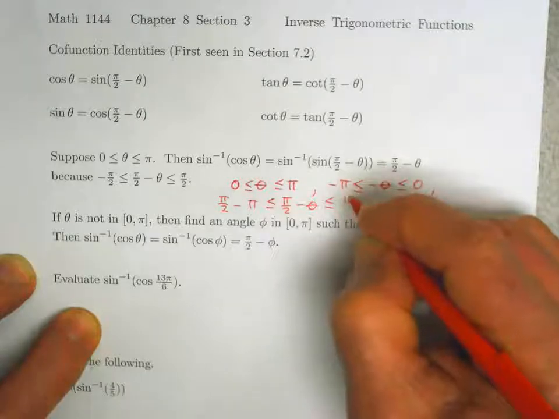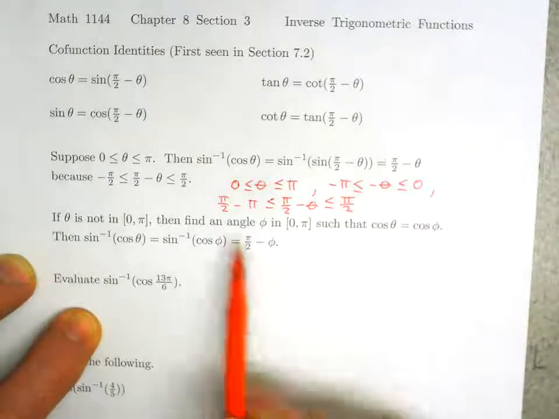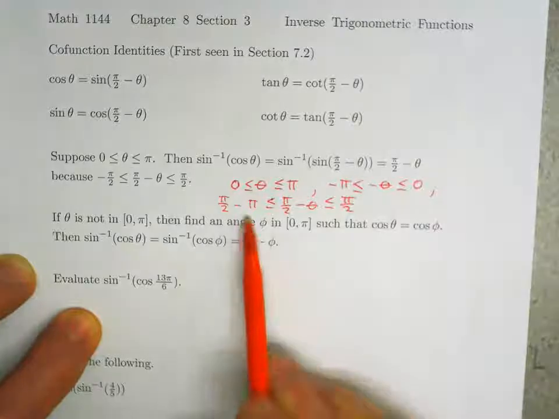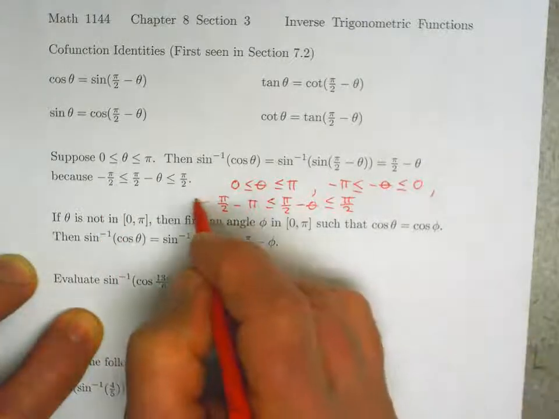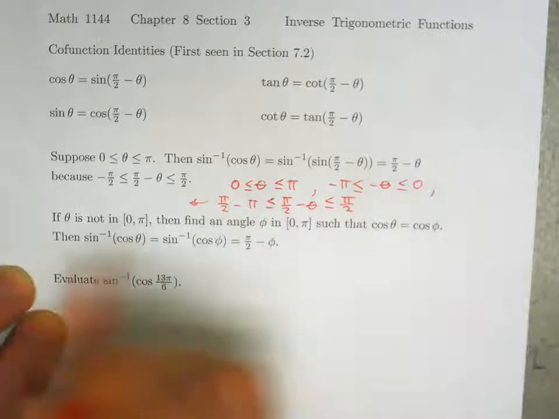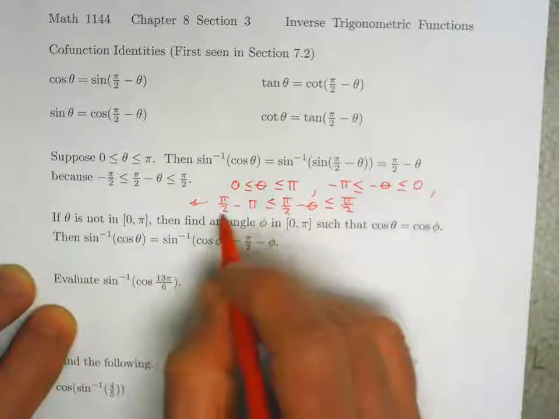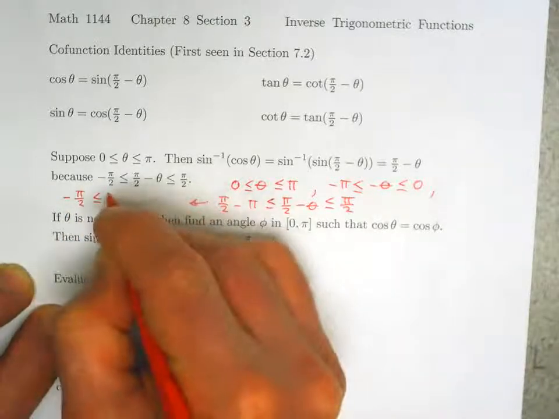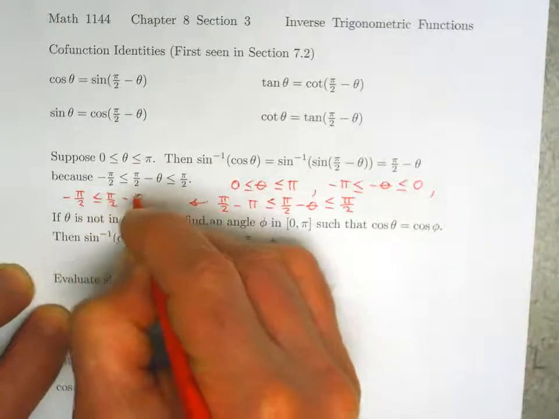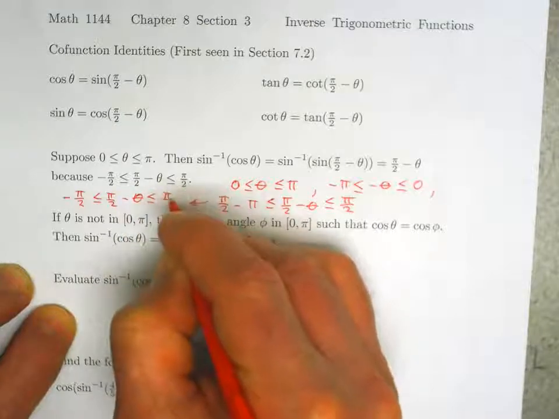It's just pi over 2. But pi over 2 minus pi is negative pi over 2. So I'm being redundant, but this will simplify to negative pi over 2 less than or equal to pi over 2 minus theta less than or equal to pi over 2.